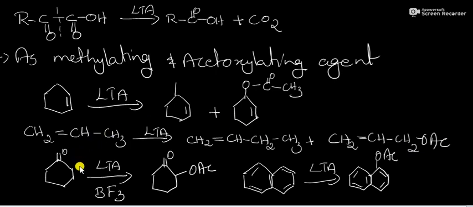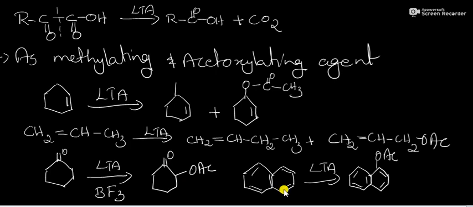Then if we use BF3, we get more acetoxyl products. So here this is an electron withdrawing group and this is its alpha position. On treating with LTA, it will convert it into acetoxyl products.